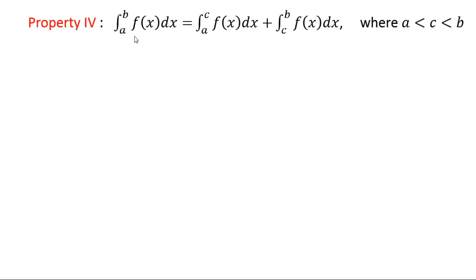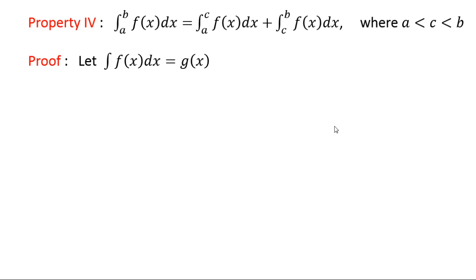We can read this as integration from a to b of f of x is equal to integration from a to c f of x plus integration from c to b f of x dx, where this number c lies between a and b. c हा a आणि b यांच्या दरम्यान असेल तर आपल्याला f of x इंटिग्रल a to b मधलं हे स्प्लिट करून दोन इंटिग्रलमध्ये लिहिता येतं. We can write this single integral as sum of two definite integrals if c lies between a and b.